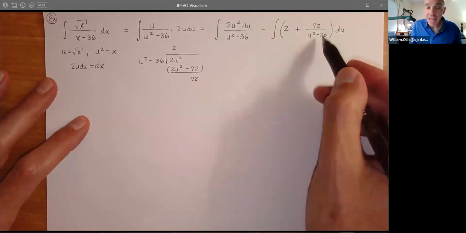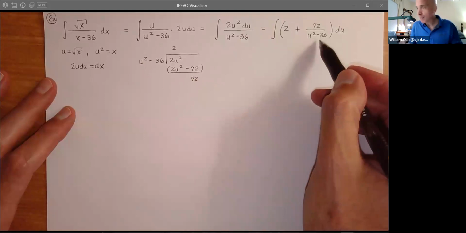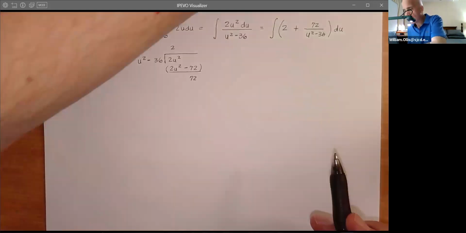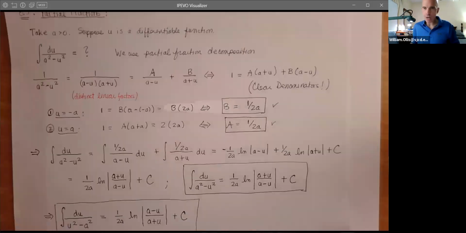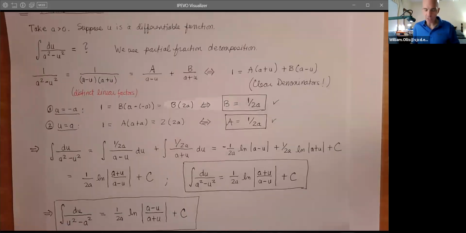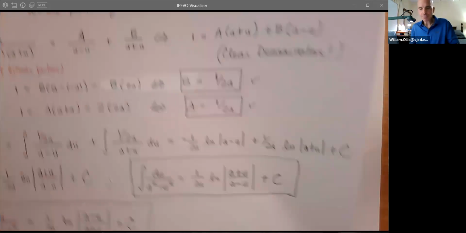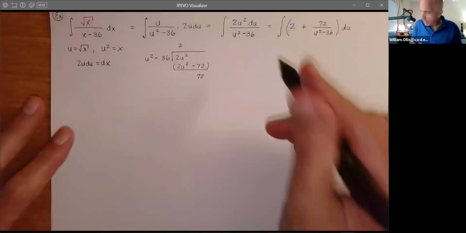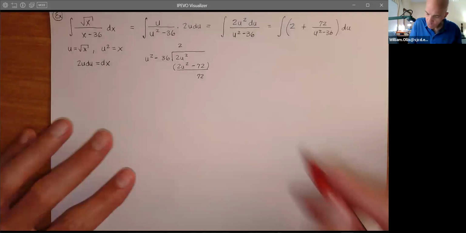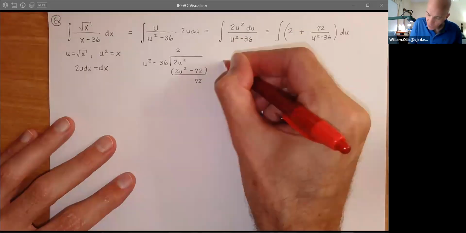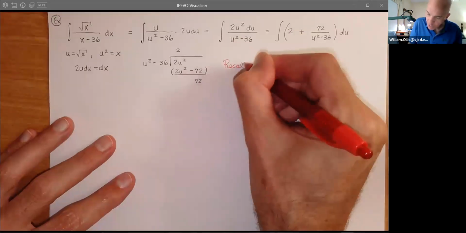So now you look at this and say, okay, good deal, right here, right there, right there. We don't have to reinvent the wheel because we've already done this. I'll write this in red. When you're doing your quizzes and all, you can certainly use your formulas that we derived.